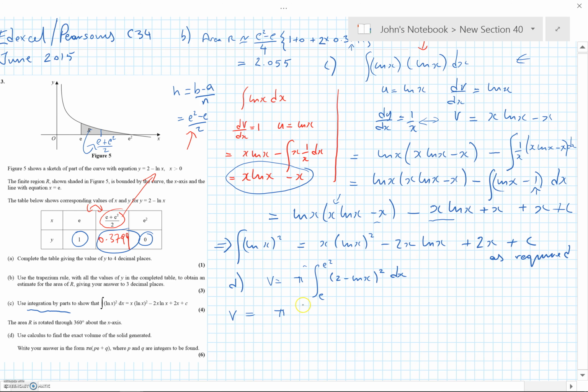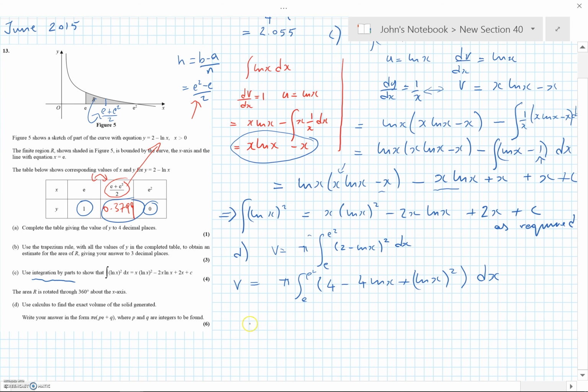Okay, now that equals, I'm going to have to multiply this out, more fiddly than anything else this question, pi, we haven't integrated yet, let's not jump the gun, e squared to e, 4 minus 4 ln x plus ln x squared dx.